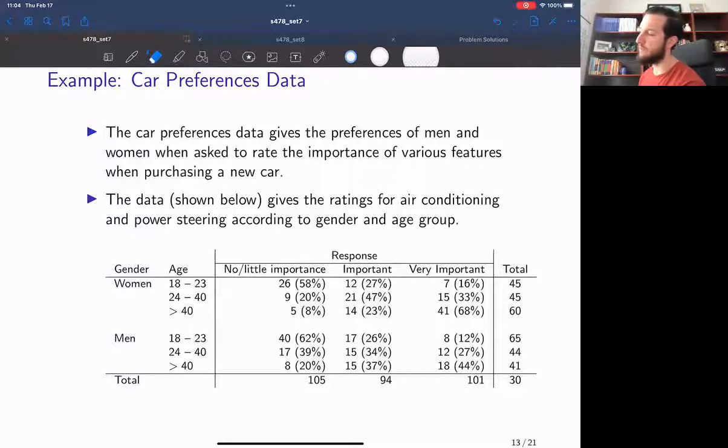And then for each of the different interactions between the explanatory values, so for example, women 18-23, women 24-40, women greater than 40, we have a sample size that we've observed, and then we have how many people selected one of those particular outcomes within each of those different interactions, right? So for example, if we consider women that are 24 to 40, there was 45 of them in total. 15 of them selected very important, 21 selected important, and 9 selected no/little importance.